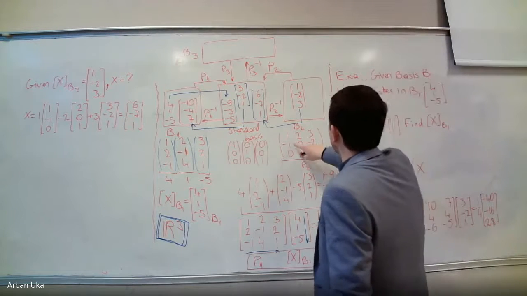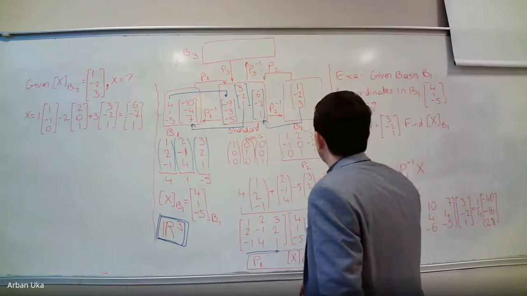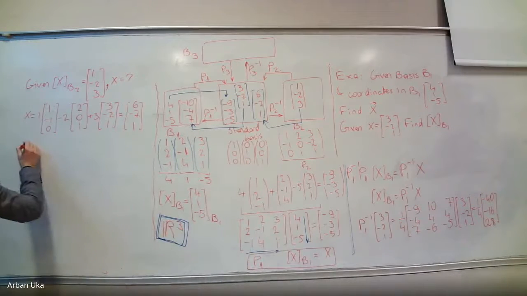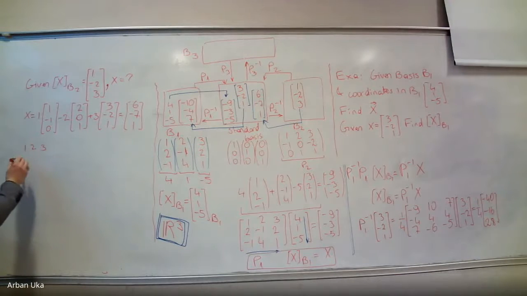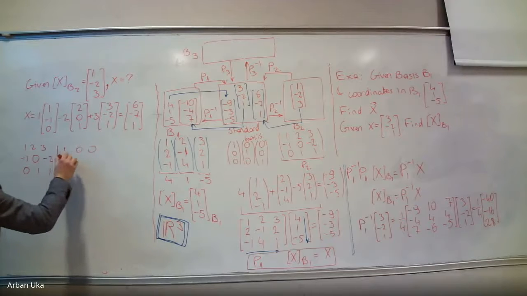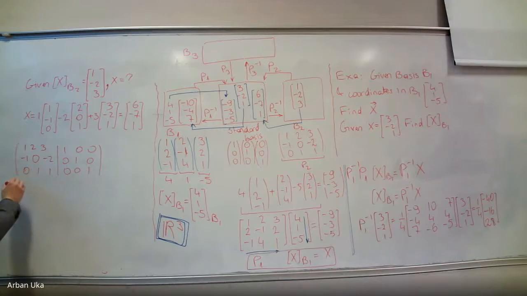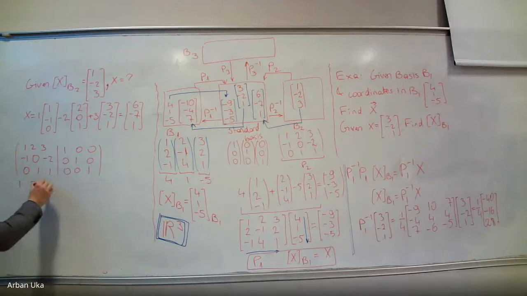So if we add these two together, we get 0, 2. Let's try if we can find it. 1, 2, 3. Minus 1, 0, minus 2. So if we add them together, we get 1, 2, 3.